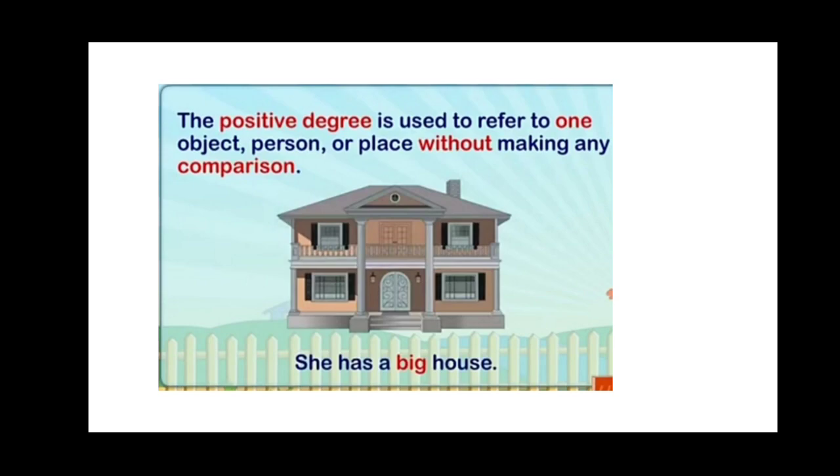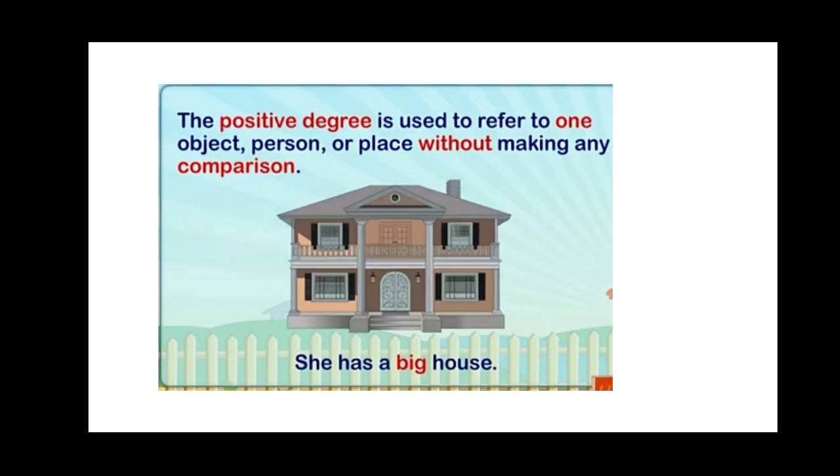So first, the positive degree. The positive degree is used to refer to one object, person or place without making any comparison. She has a big house. I told you, the first degree is positive degree.